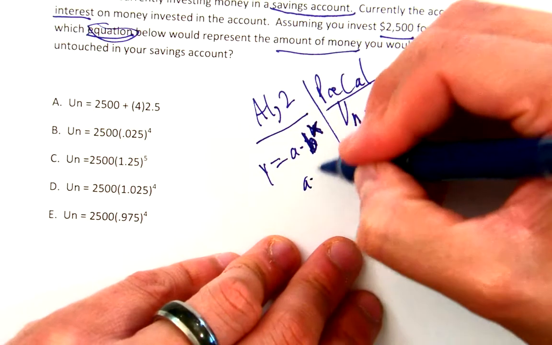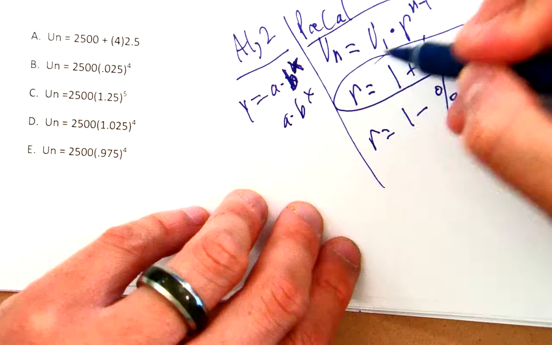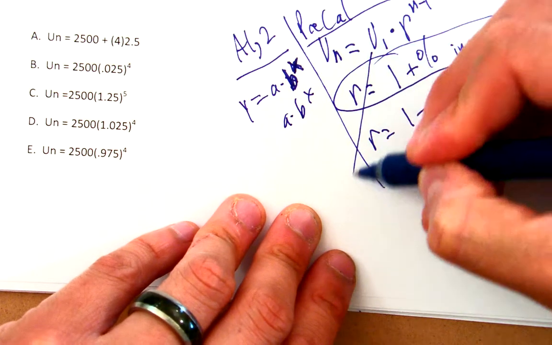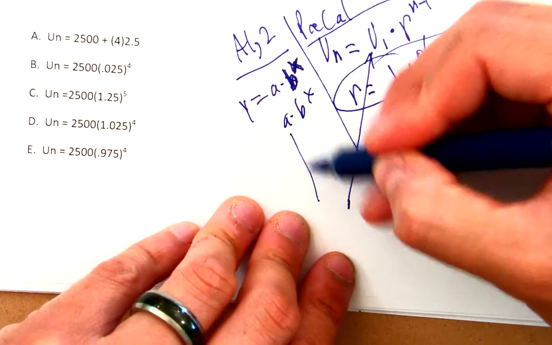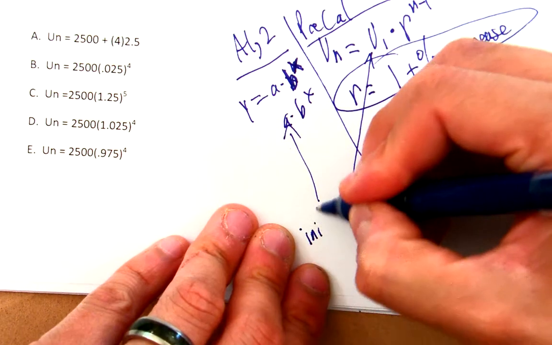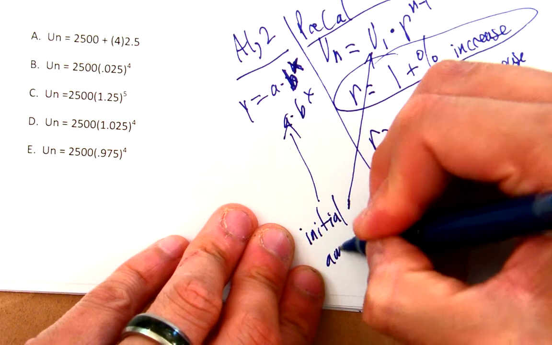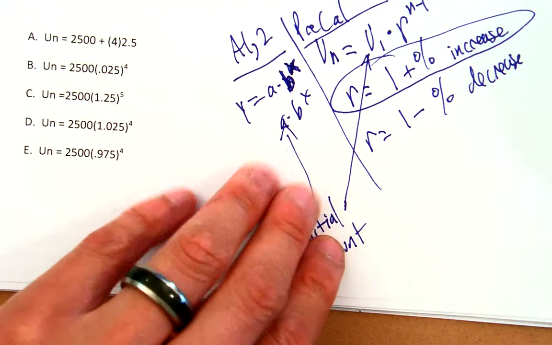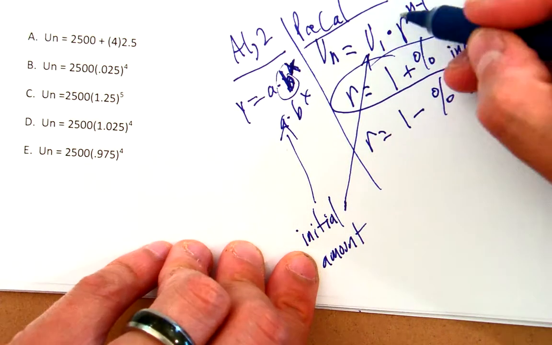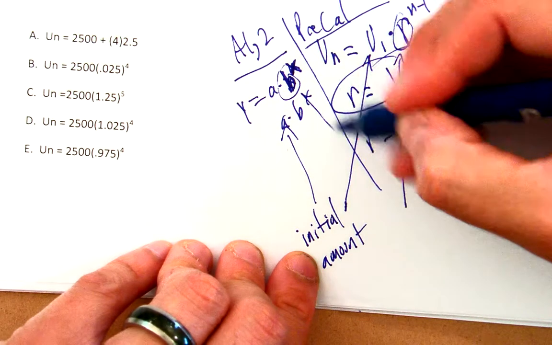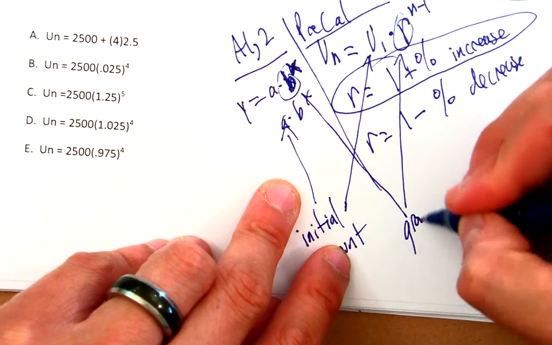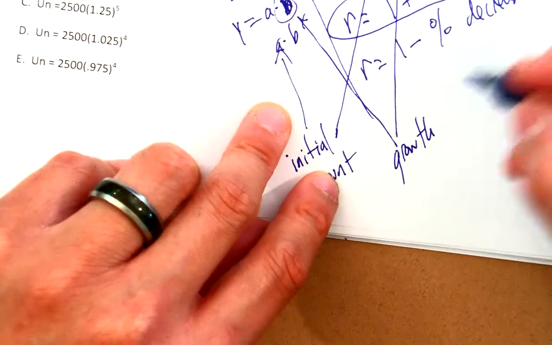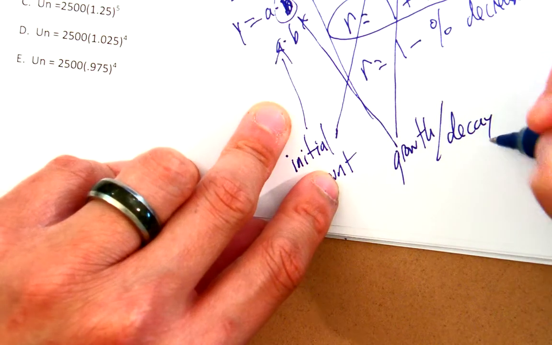So it was a times b to the x. And again, here your U1 or your a is the initial amount of whatever stuff, okay? Your b or your r, this is your growth factor. Or you could also call it your decay factor.